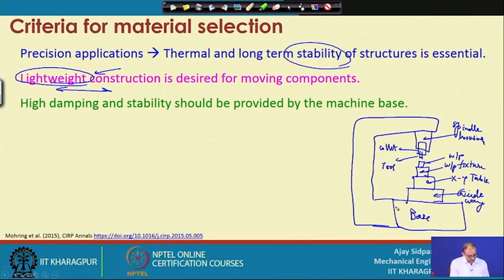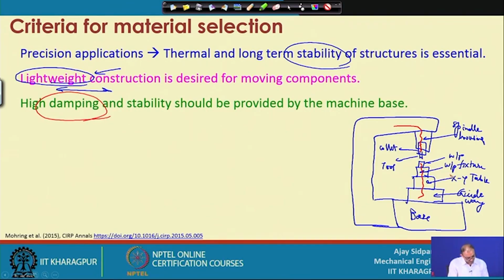So, now when you do actual machining, at that time vibration will be propagated in the different directions, right. So, vibration may go in this direction, vibration will go in this direction also. So, that is related to the damping capacity.